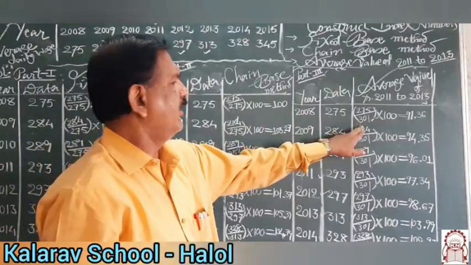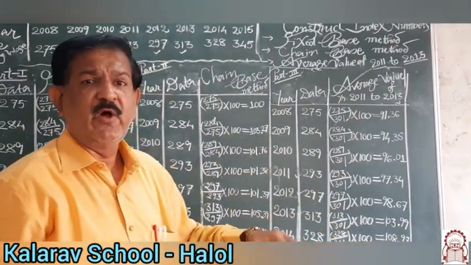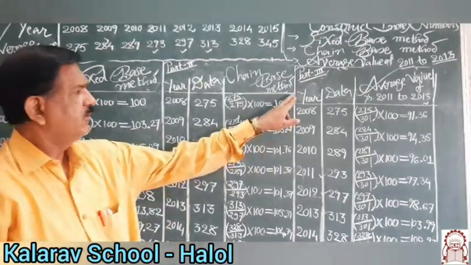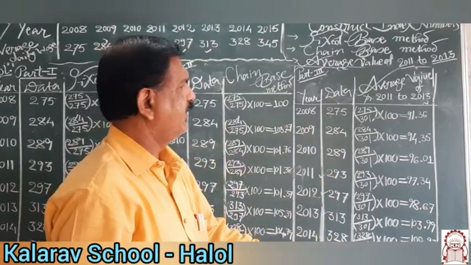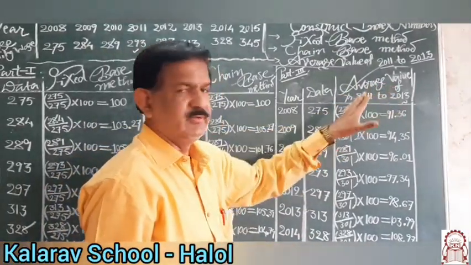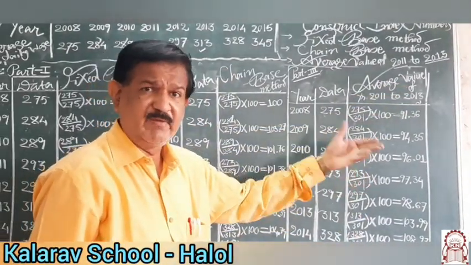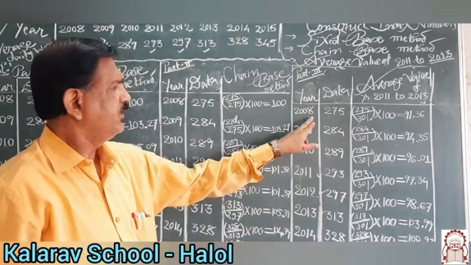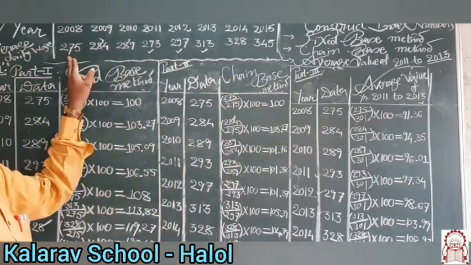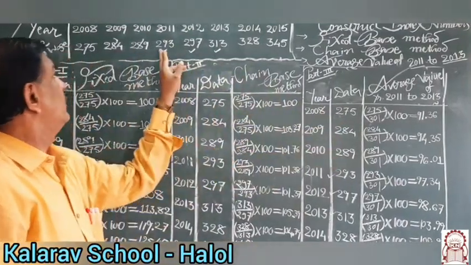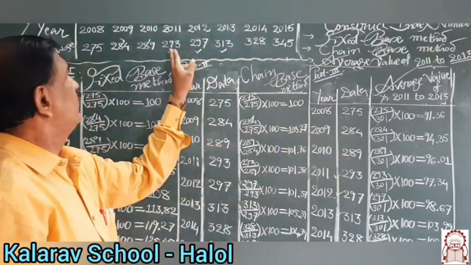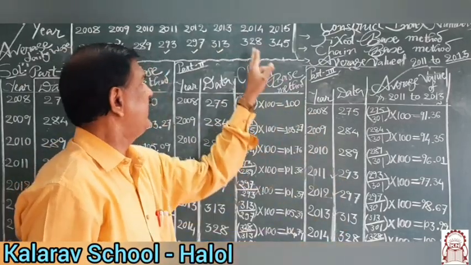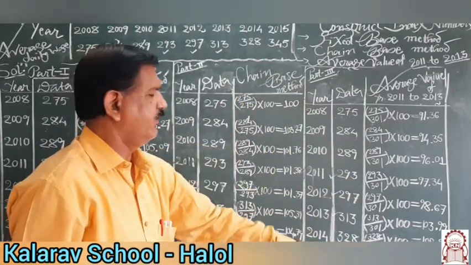301 becomes the denominator of each and every year for calculating indices by using the average method. The given year, the data and the average value, these are the indices by using the average value of 2011 to 2013. These are the data: 275, 284, 289, 293, 297, 313, 328 and 345.